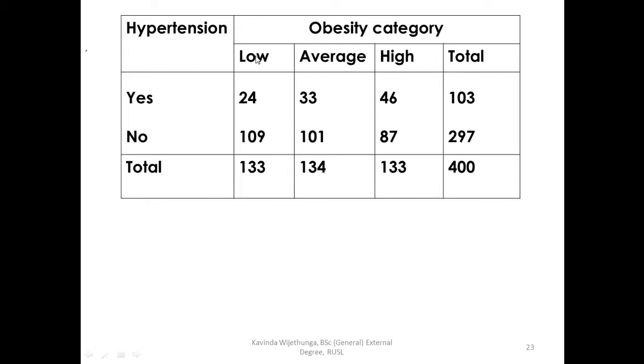You can see 2 rows and 3 columns, so 2 times 3 means 6 cells: yes low, yes average, yes high, and no low, no average, and no high. Then you can find the column marginals 133, 134, and 133, and row marginals 103 and 297. The grand total is 400.